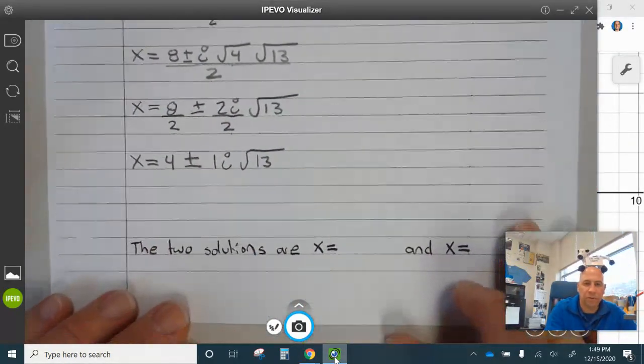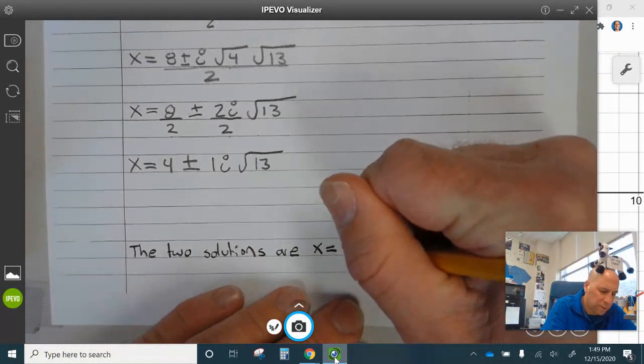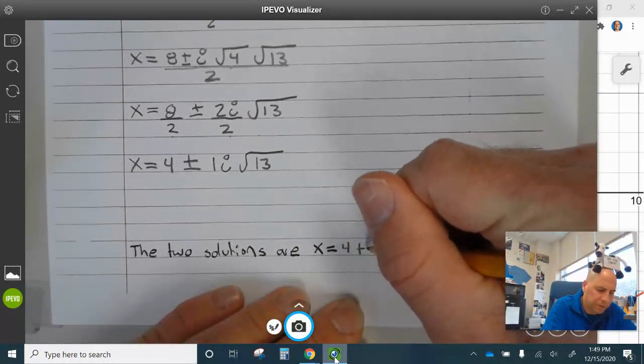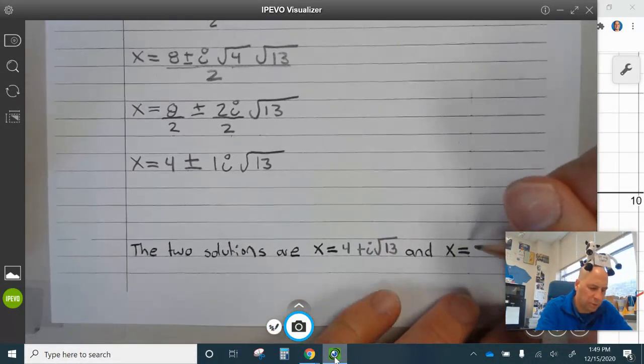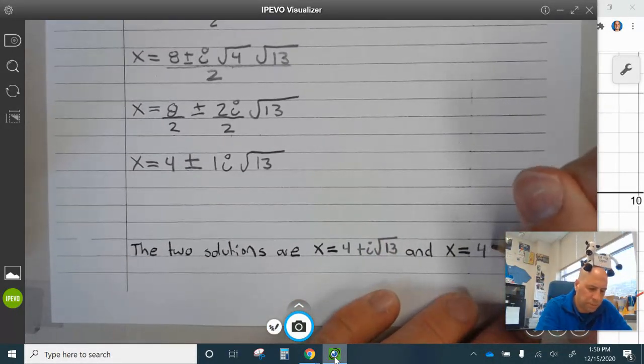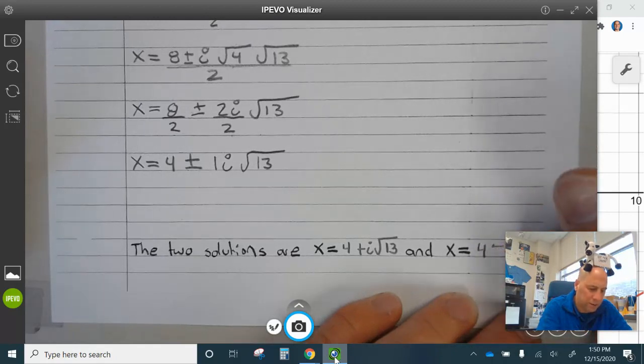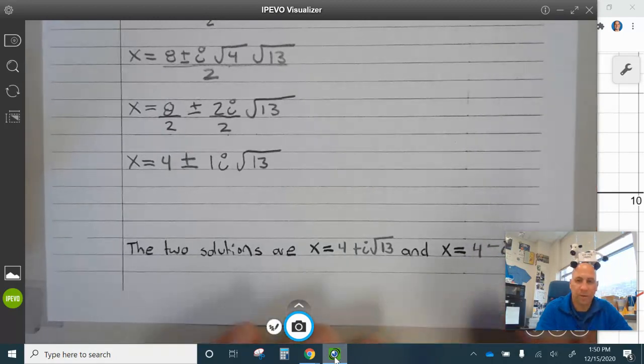Okay, so the two solutions are x equals 4 plus i square root of 13, and x equals 4 minus i square root of 13.